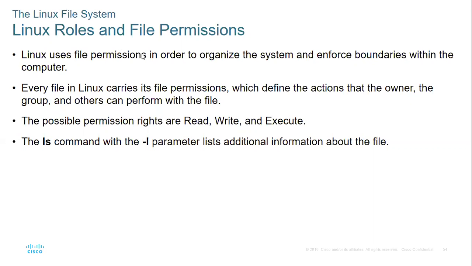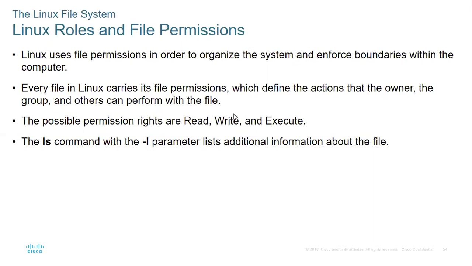Linux roles and file permissions. This is really the feature which makes Linux less vulnerable to malware. It is the file permissions. We have permissions such as read, that is, you can just read the file.